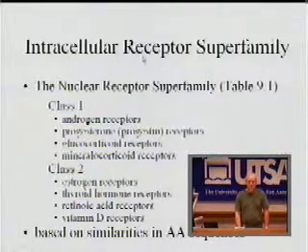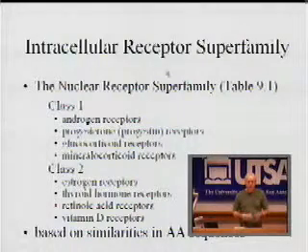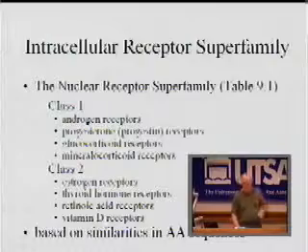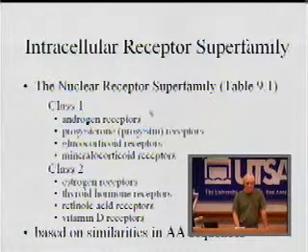So we're focusing just on the steroid receptors. However, we are thinking about the intracellular receptor superfamily that includes the thyroid hormone receptors, as you see on the list down here, as well as others such as vitamin D. So we begin all-inclusive and then narrow in on the steroid receptors.